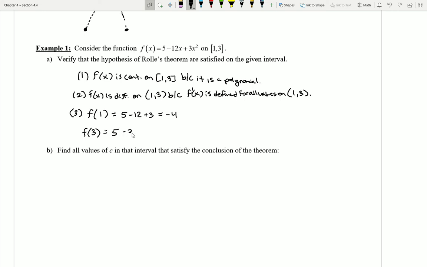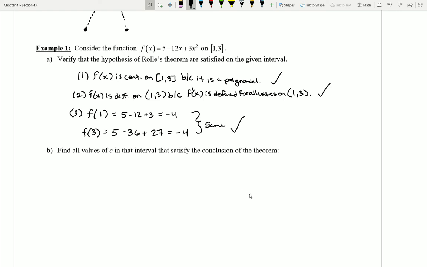So I'm going to get 5 minus 36 plus, let's see, 3 squared is 9. 9 times 3 is 27. Notice here, though, this is going to be 32 if I add these together, and taking away 36 leaves me with minus 4. So yeah, since these values here are the same, I have gone ahead and actually checked off conditions 1, 2, and 3.